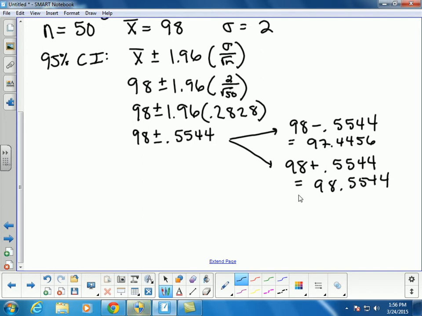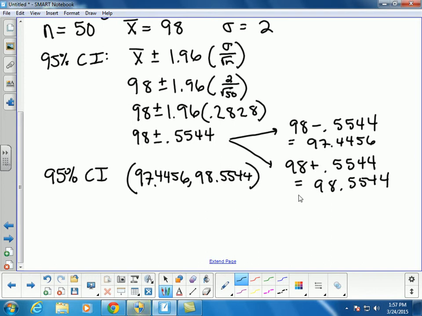So what that means is the 95% confidence interval ranges between 97.4456 and 98.5544.